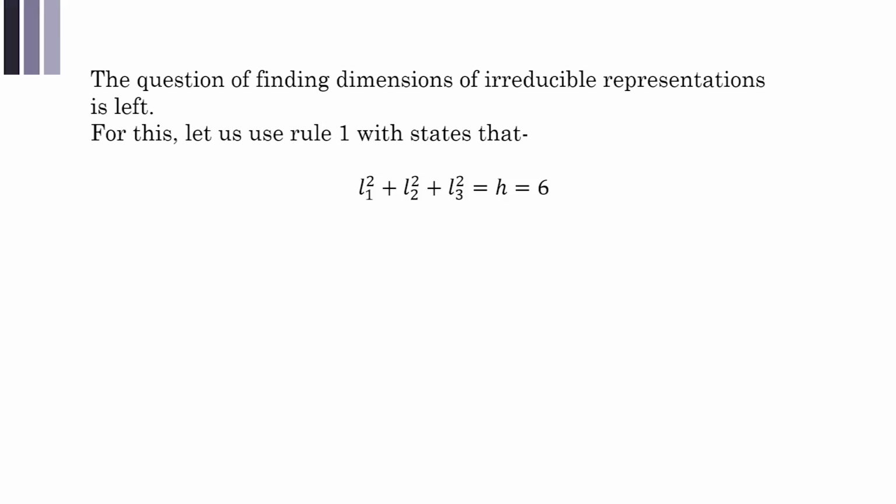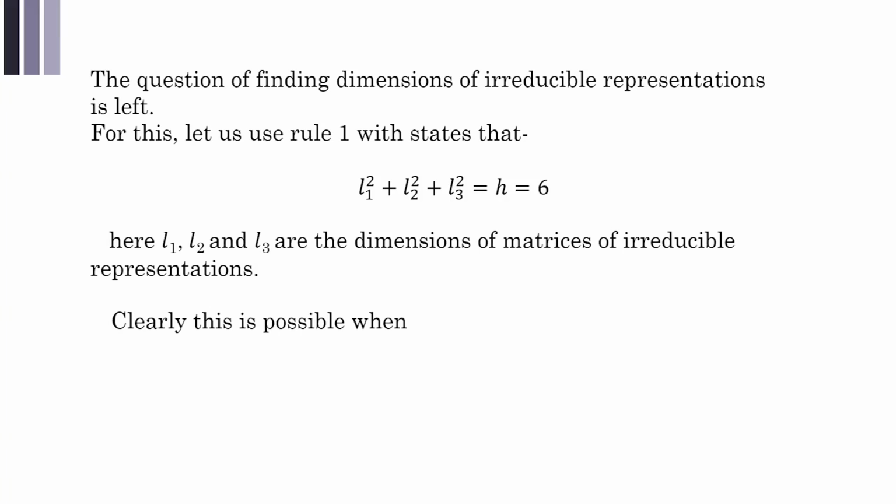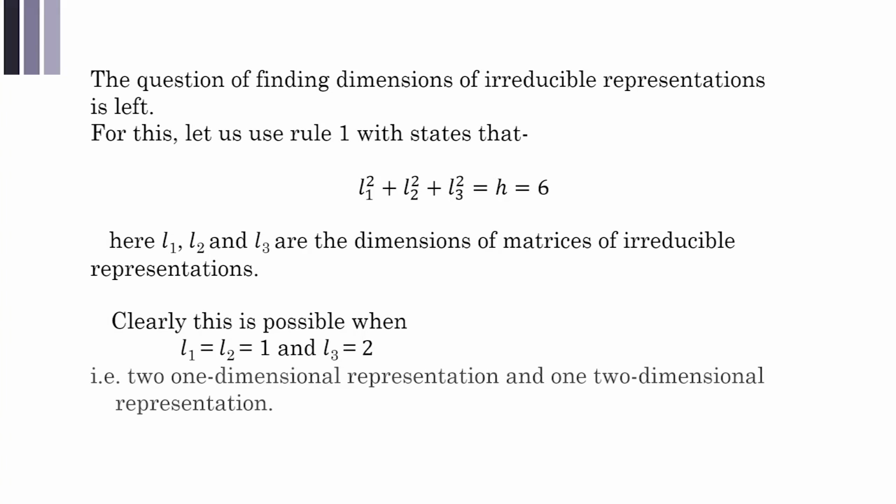Just think, and you will conclude that if we put two of them as 1 and the third as 2, then 1 squared plus 1 squared plus 2 squared equals 6. So L1 equals L2 equals 1 and L3 equals 2, and the sum comes to 6.